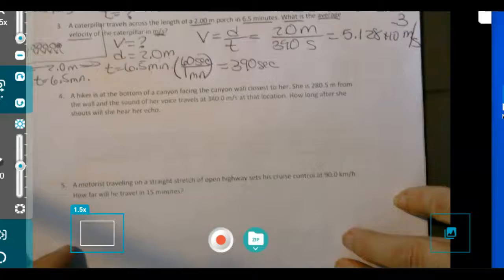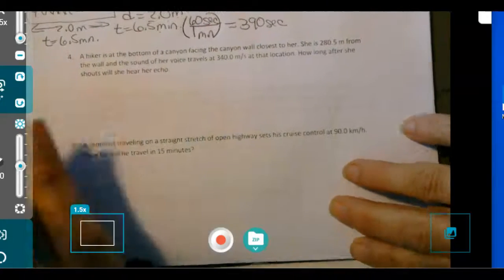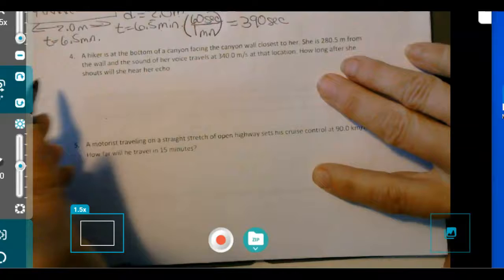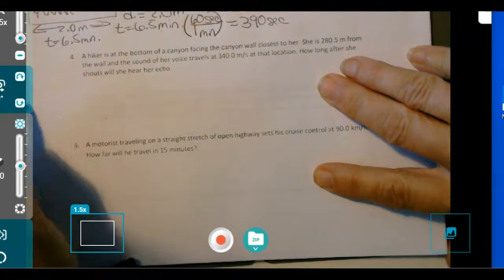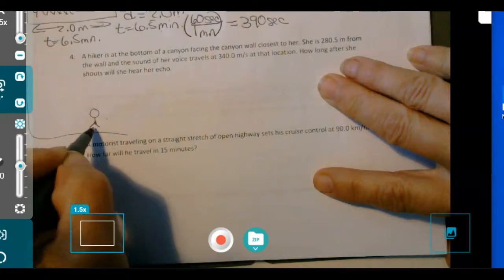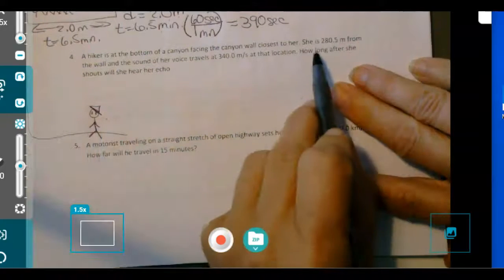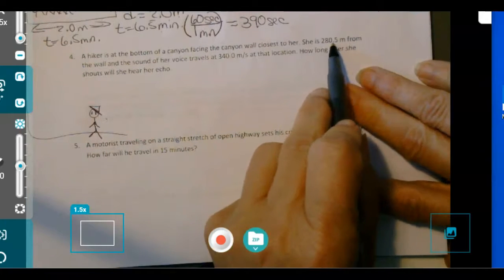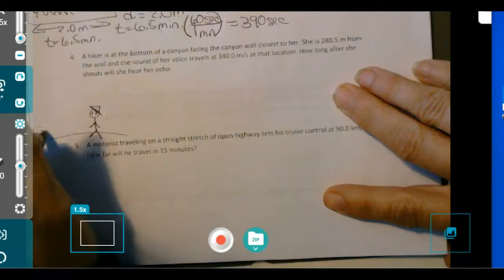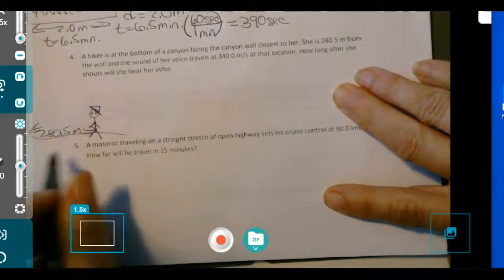So this says, I'm going to make sure I have enough space for you. A hiker's at the bottom of a canyon facing the canyon wall closest to her. So here's my hiker. She's 280.5 meters from the wall.